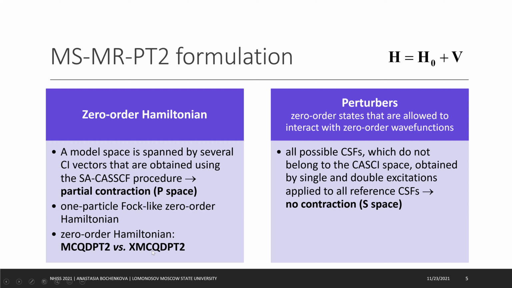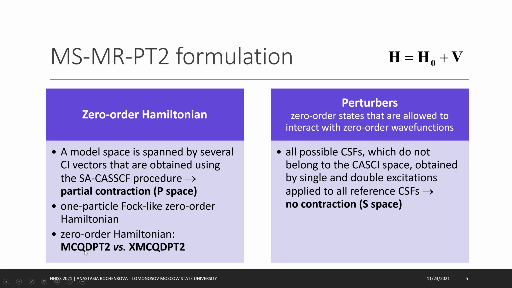And there is only one obstacle, or one interesting question, on how to define this H0 Hamiltonian, which is written here. This H0 Hamiltonian is actually defined differently in the MCQDPT and XMCQDPT theories.